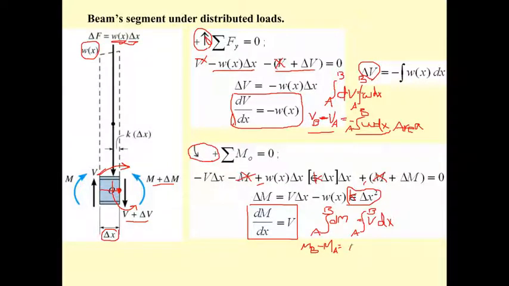Integration of this is going to be the area under the shear diagram between point A and point B, or you may write the equation in this form. Okay, these two relationships are the same as we found from the previous example.